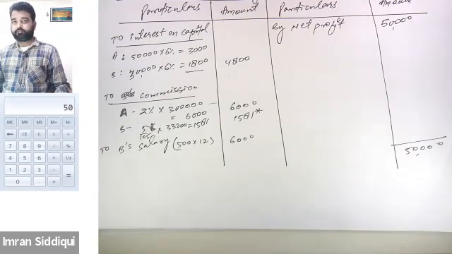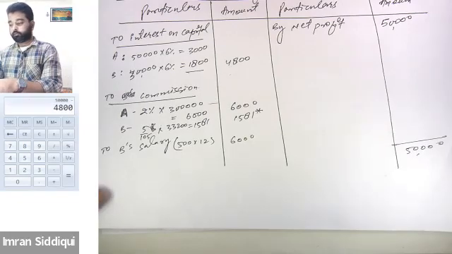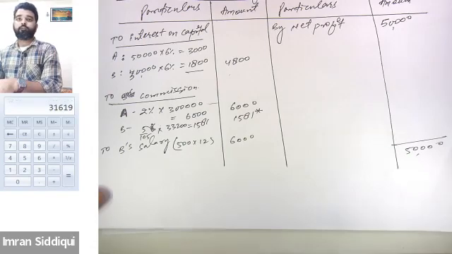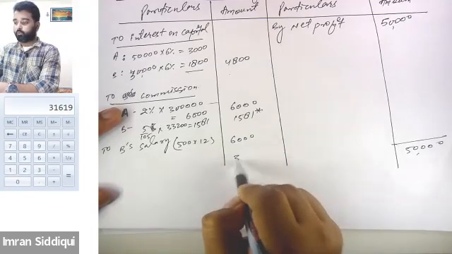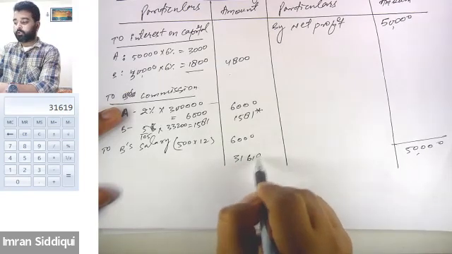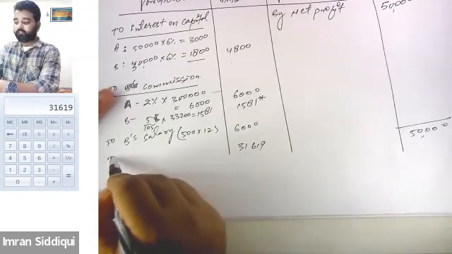Out of 50,000, we will first subtract 4,800, then 6,000, then 1,581, and then 6,000. So 31,619 will be the profit. 31,619 is the profit that needs to be divided among the partners.